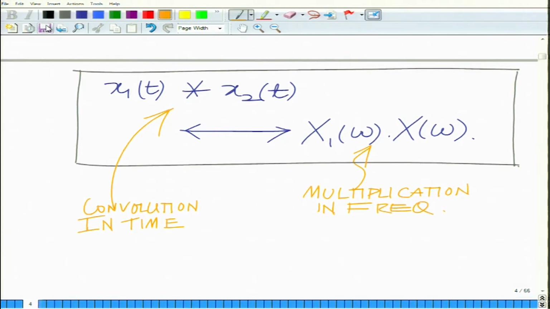When you convolve two signals in the time domain, the corresponding Fourier transforms get multiplied in the frequency domain. This is one of the most interesting and important properties, which makes the Fourier transform very useful, and analysis with the Fourier transform very tractable and convenient.